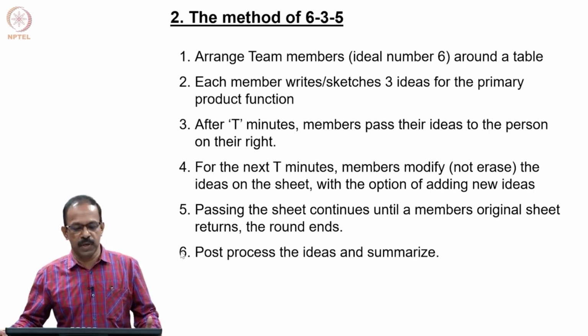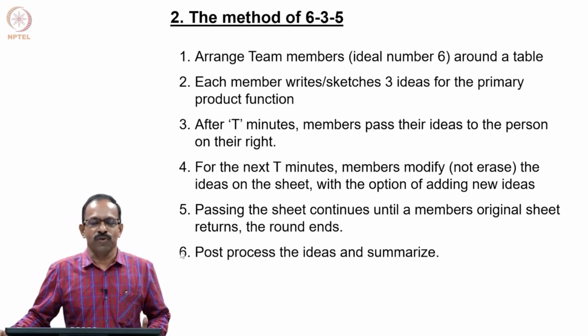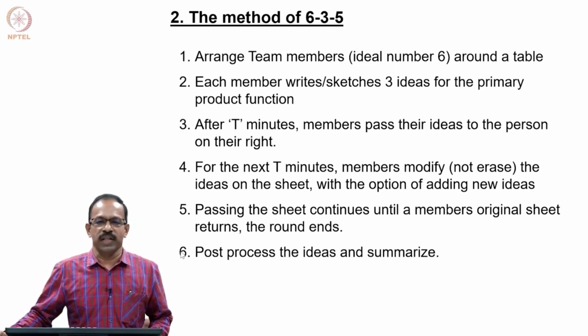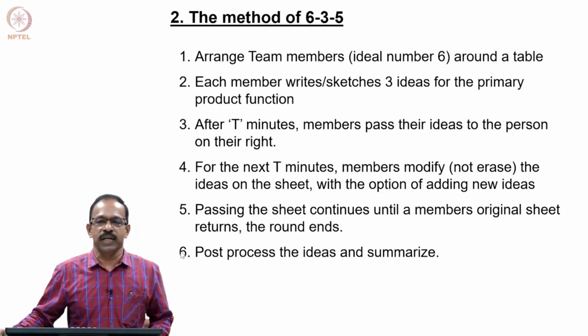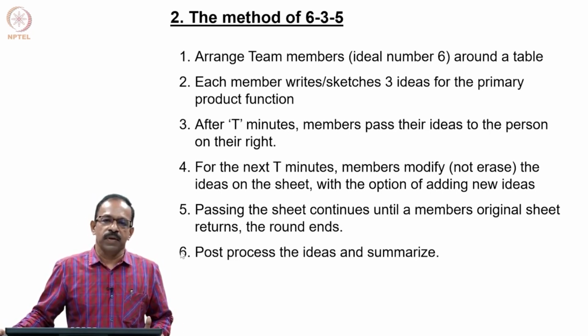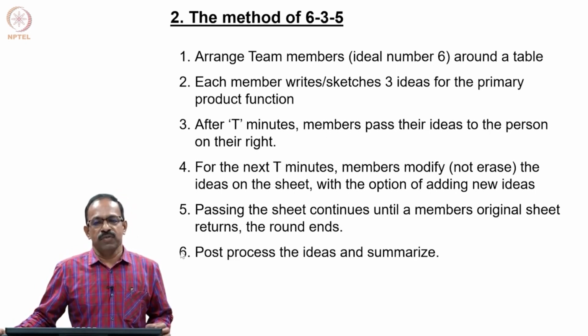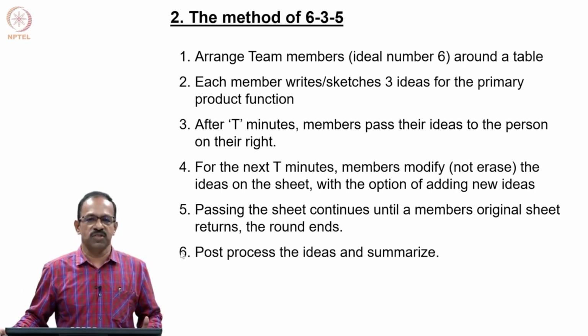So, we have 6 people sitting around a table and each one will be given an A4 sheet for recording their ideas, and they will be asked to write down 3 ideas, write down or sketch or express the idea in whatever way they want, and they will be given a fixed time to do this stage.